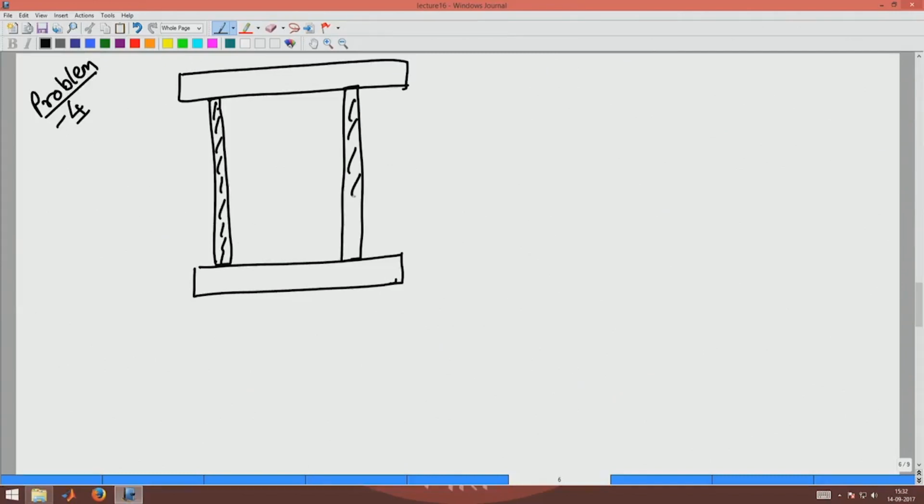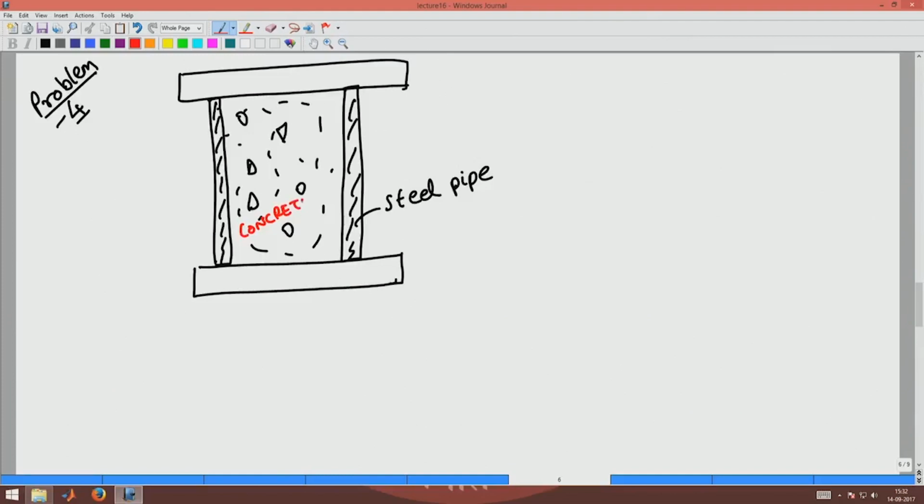This is concrete, this is a rigid plate.